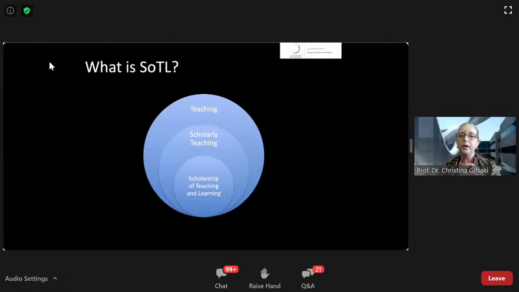So the framework that I use is called SOTL, Scholarship of Teaching and Learning. I've used this visual to position SOTL within the realm of teaching.